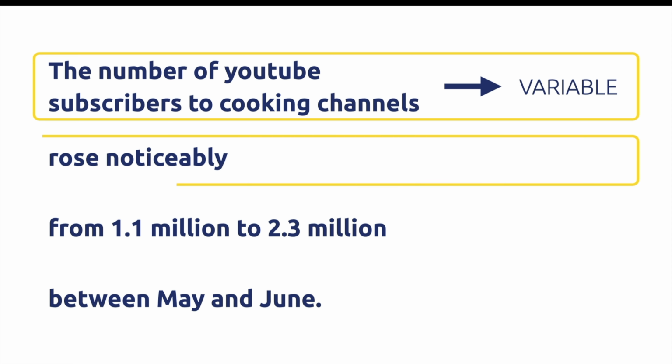Now, the second component is your trend word. This is sentence structure number 1, and the trend word is a verb. So it is rose noticeably here. Notice that your verb here is in the past simple tense.